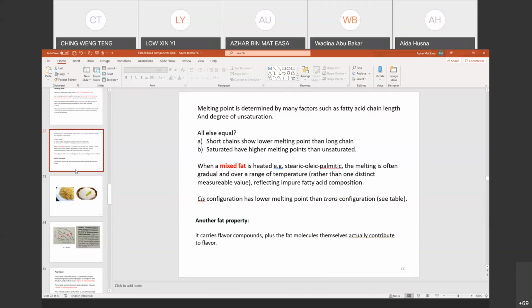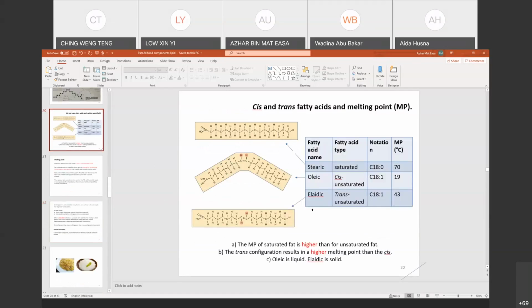Even though they look basically similar, C18:1, because of the location of the hydrogen on the double bonds, it changed the physical properties tremendously. In this case, it changed the melting point, from 43 to 19, from 19 to 43.